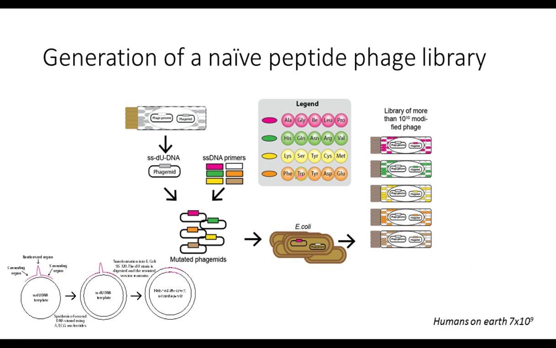And what's shown here in 5 copies is typically a library of 10 to the power of 10 modified phage. So you have quite a diversity in there. And ideally, depending on the length of the peptide, you encode the full amino acid spectrum there.